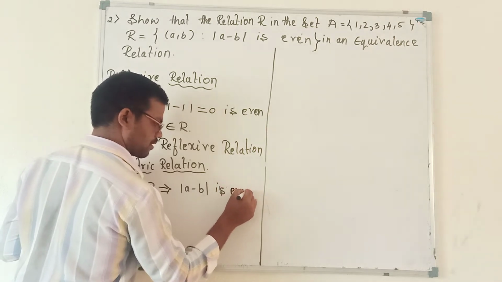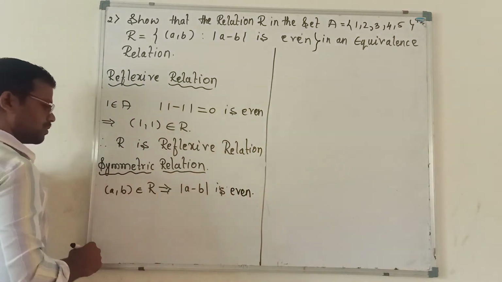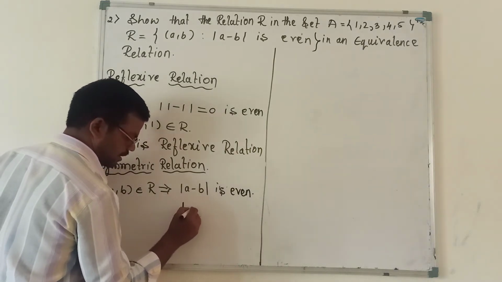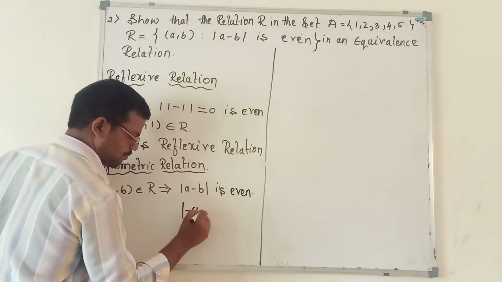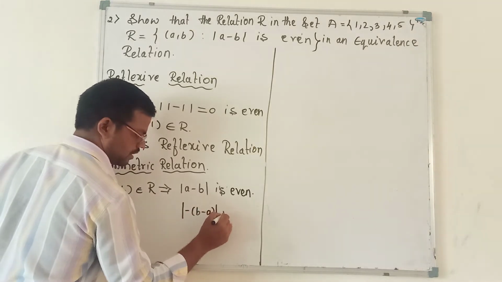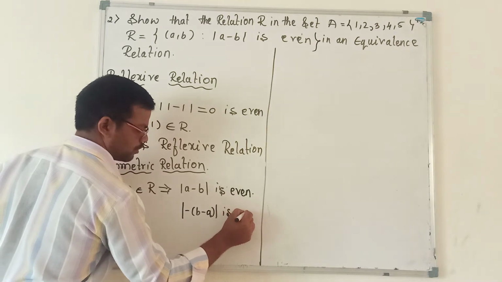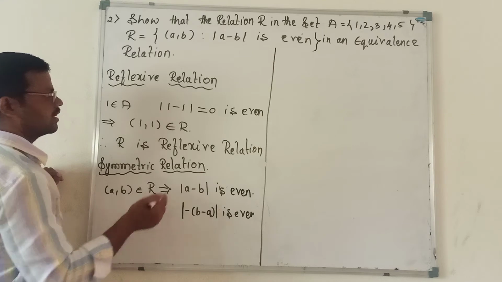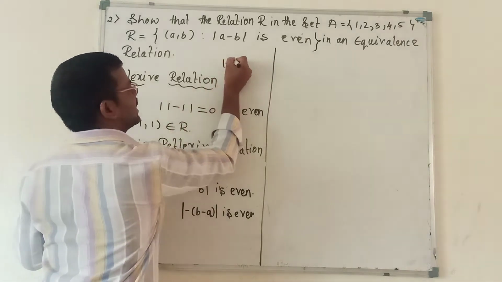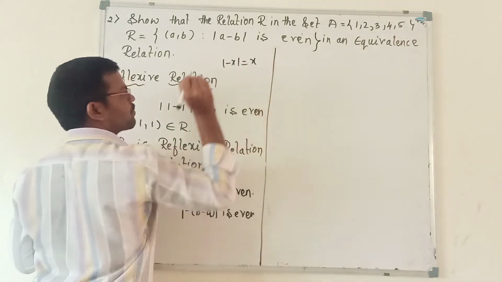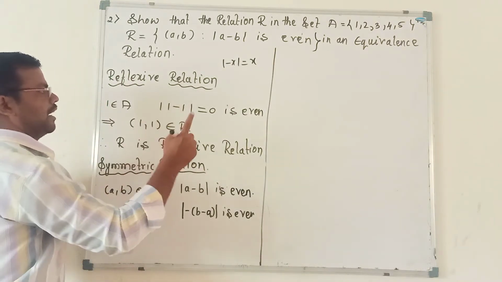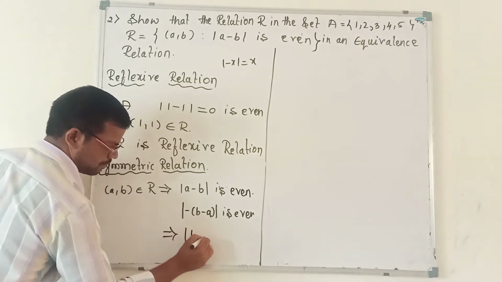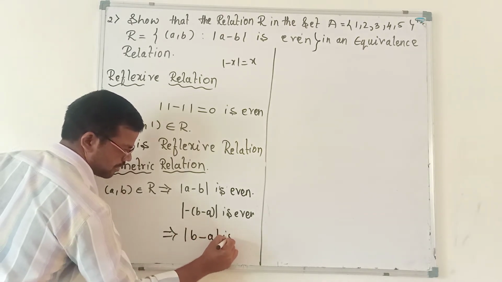If mod of a minus b is even, then what about mod of b minus a? Nothing I have changed, I simply removed the minus. So we know that mod of minus x is x. So it implies that mod of b minus a is even.